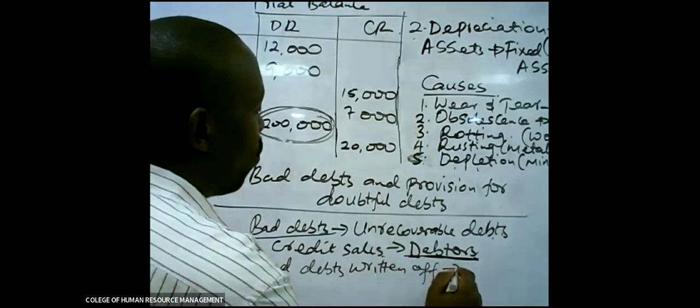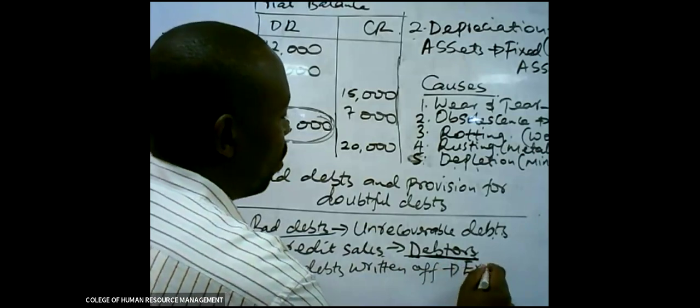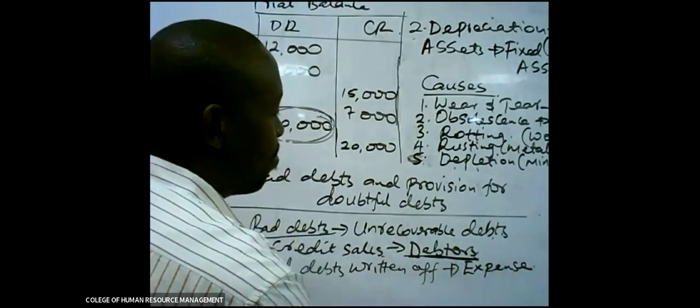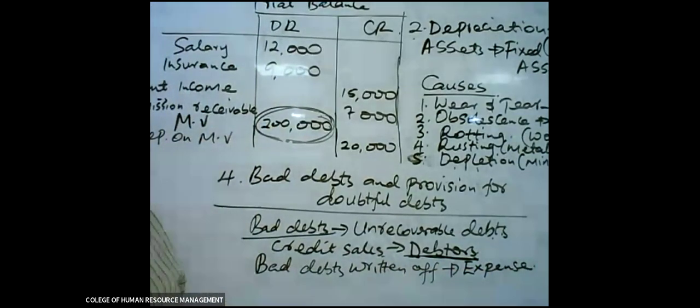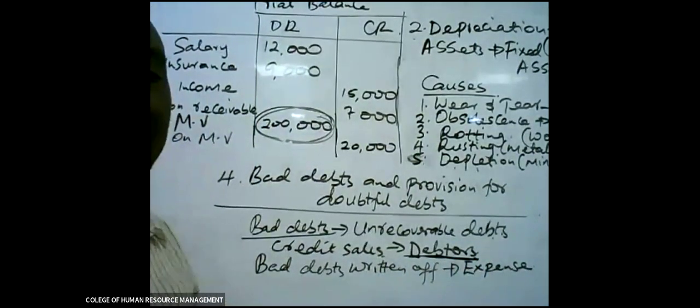off. These ones will be considered to be expense. Any amount that you write off as a bad debt, it becomes a business expense. It is the amount of money that you have lost.